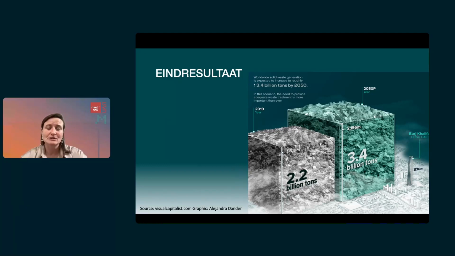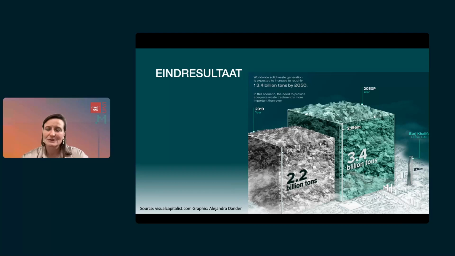Already in the construction phase, sometimes a third of materials are wasted because the design is not made in a way that treats our materials very consciously. By 2050, it is expected that if we go on like that, this amount of waste will have grown by a third.